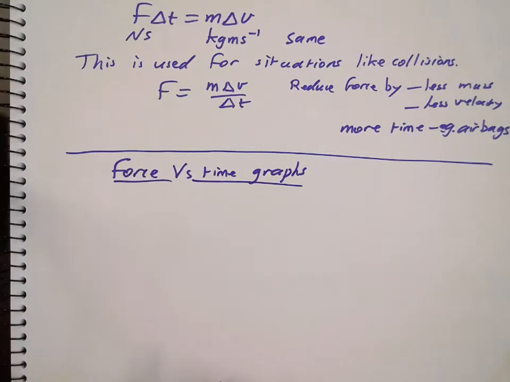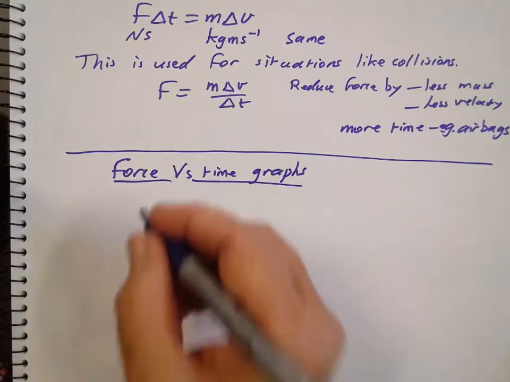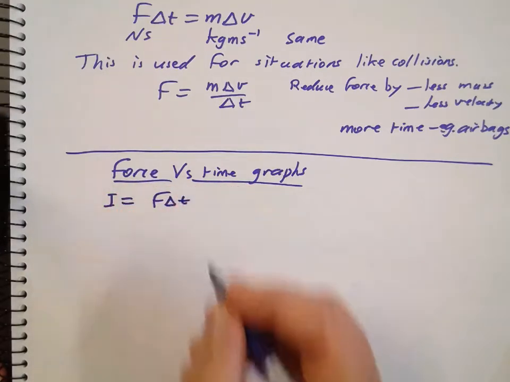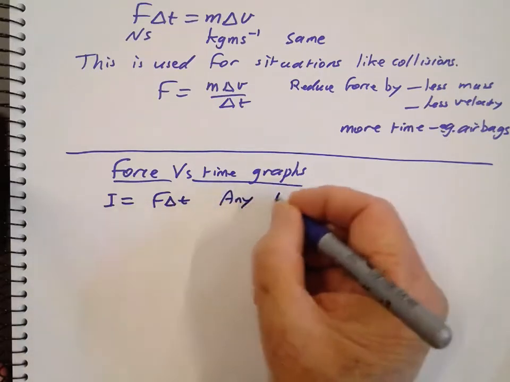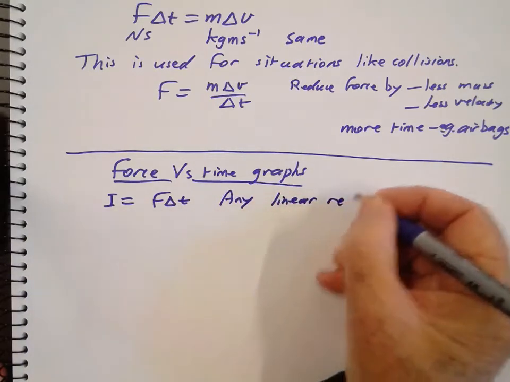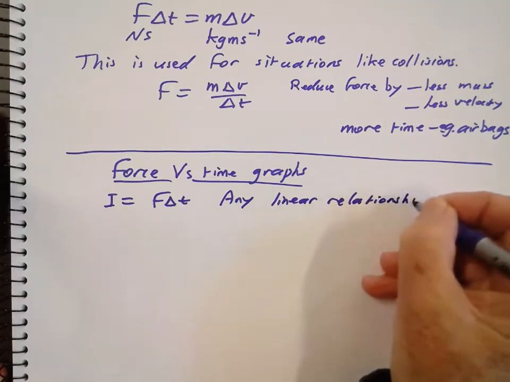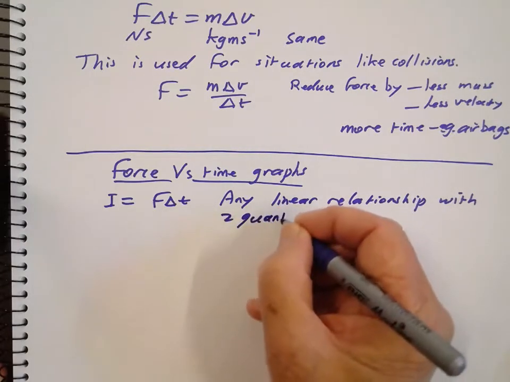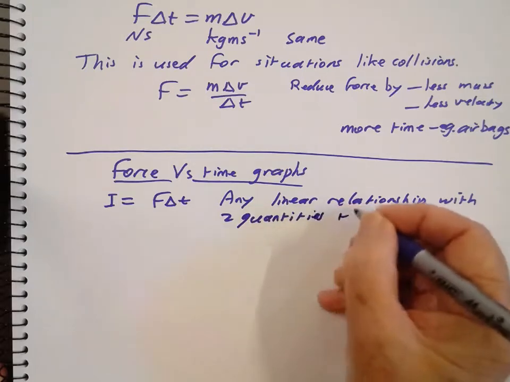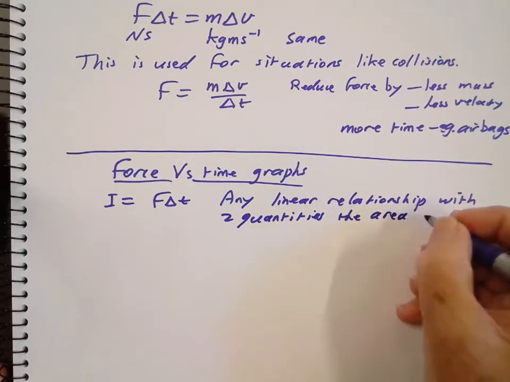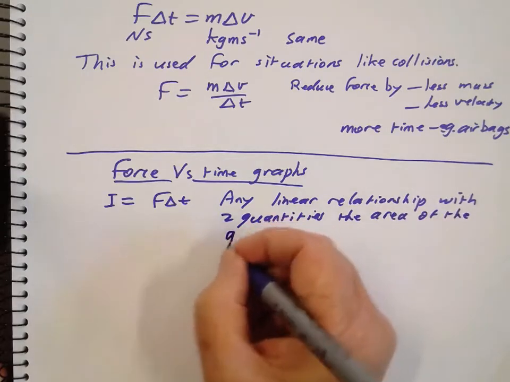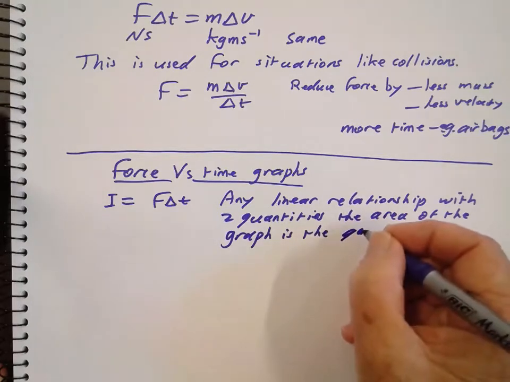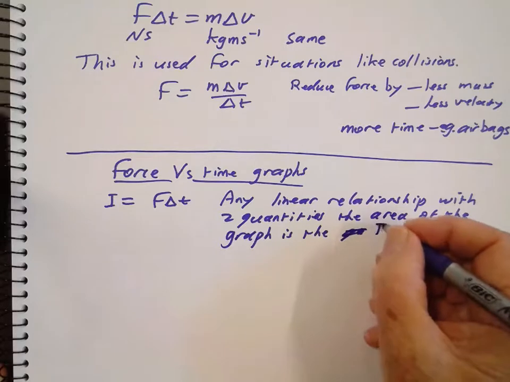In any linear equation, such as impulse equals F delta t, if you've got any linear relationship with two quantities, like this one, the area of the graph is the quantity, or in this case is the impulse.